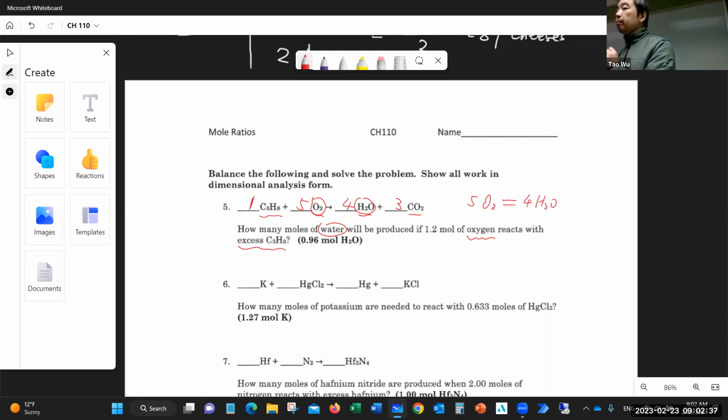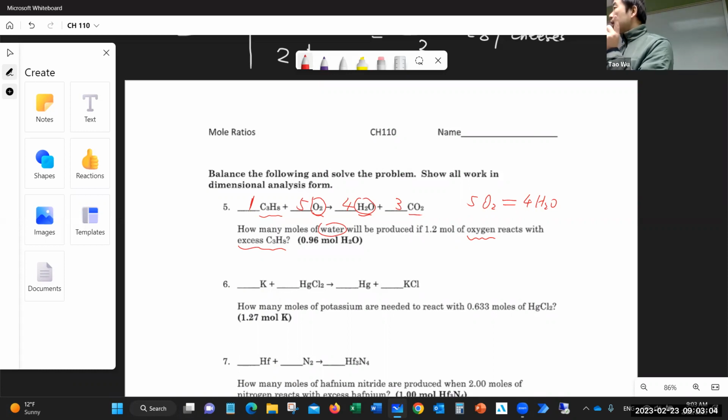Those coefficients you can think of as a single molecule ratio, which means 1 propane molecule reacts with 5 oxygen molecules to form 4 water molecules and 3 CO2 molecules.